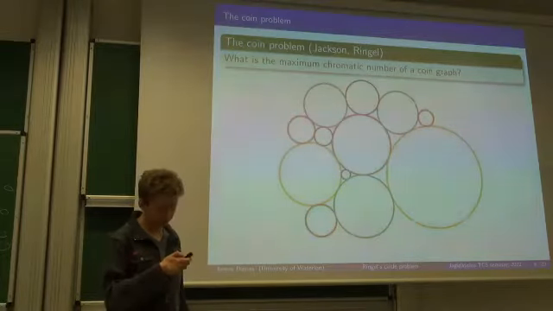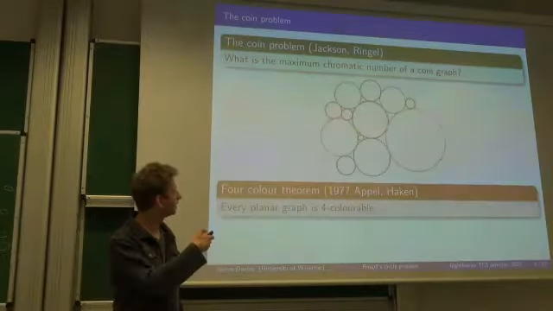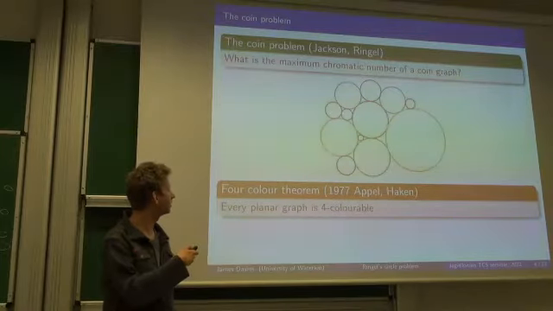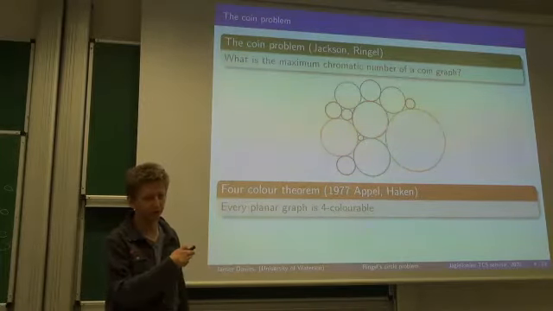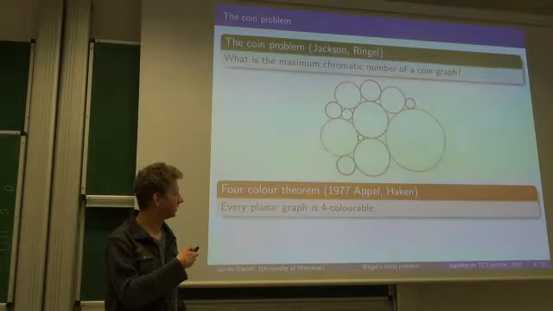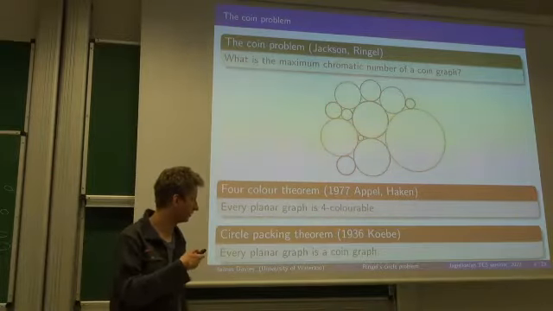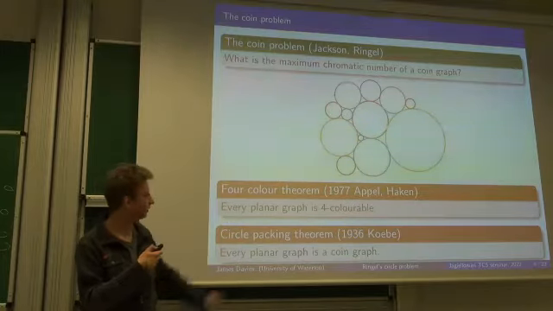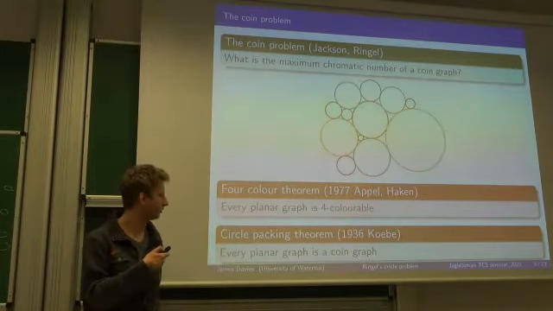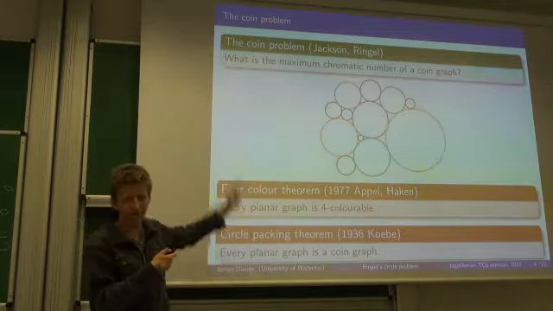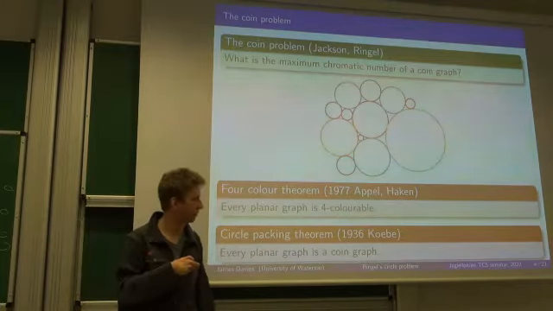Again, you need at least 4 colors, and you can apply the 4-color theorem to say that 4 colors are enough. Actually, a really surprising theorem, particularly because of how old it is, I think, is that this is equivalent to the 4-color theorem. Every planar graph is a coin graph. So this problem was actually the same as asking for the maximum chromatic number of a planar graph.